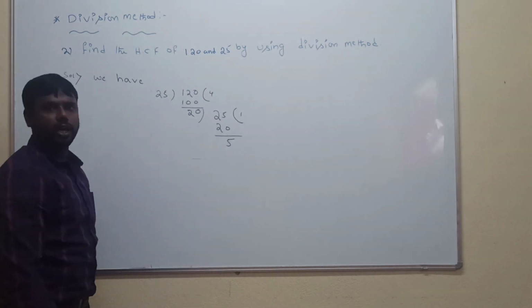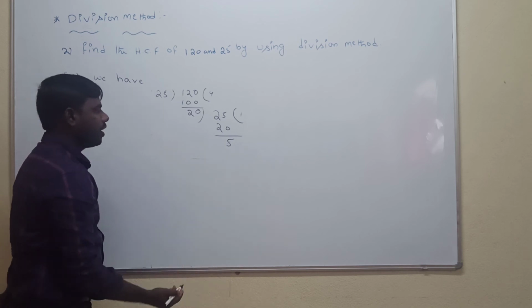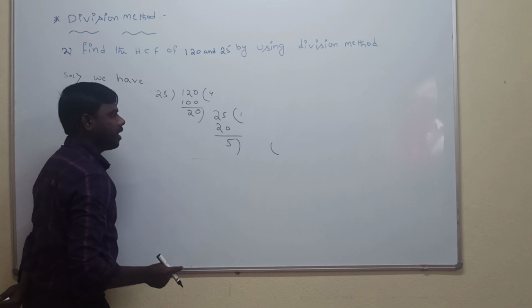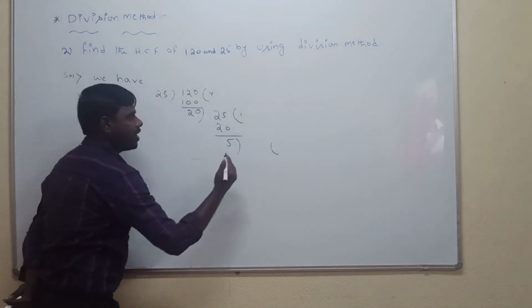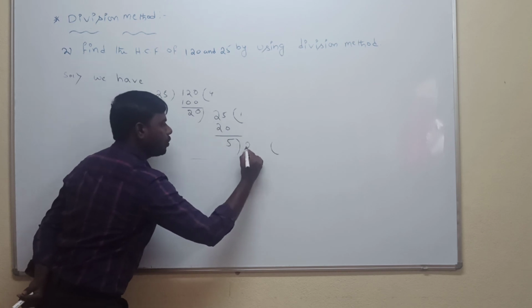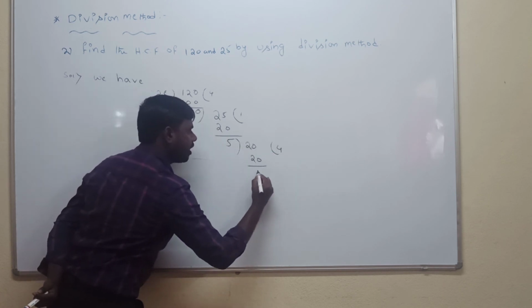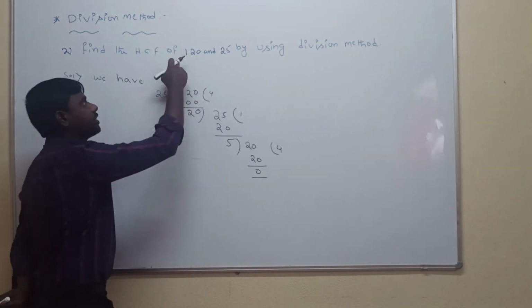Here also we are not getting the remainder 0. What remainder are we getting? 5. So again, now divide the second divisor by the second remainder. What is the divisor value? The second divisor value is 20. So 5 4s are 20. Until finally the remainder is 0, then the last divisor is called HCF.